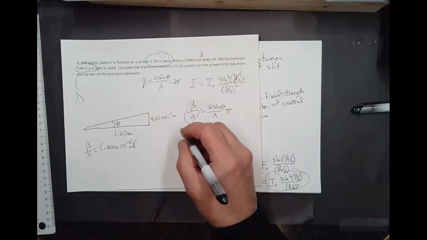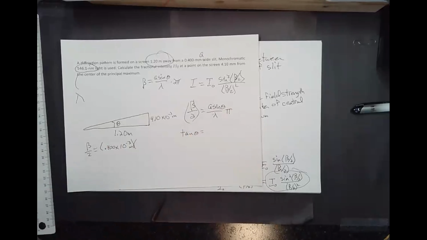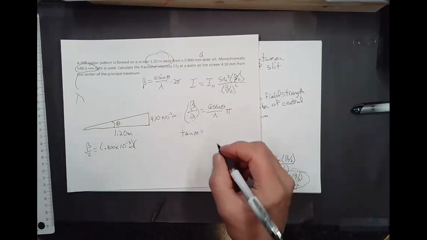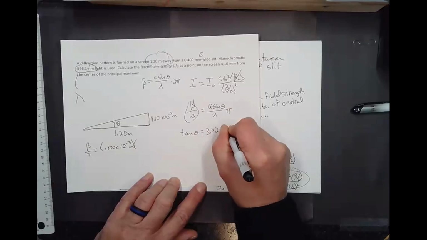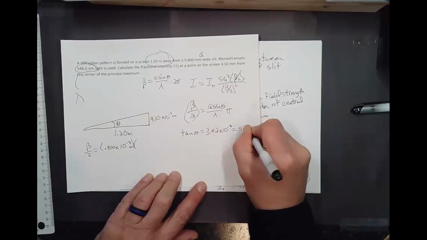Okay, so tangent of theta, I think it is 4.10 times 10 to the minus third divided by 1.20. Okay, and I get 3.42 times 10 to the minus third. And that's small enough that that's also going to equal the sine of theta.